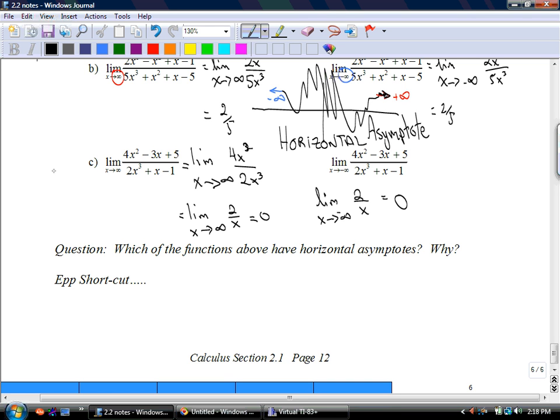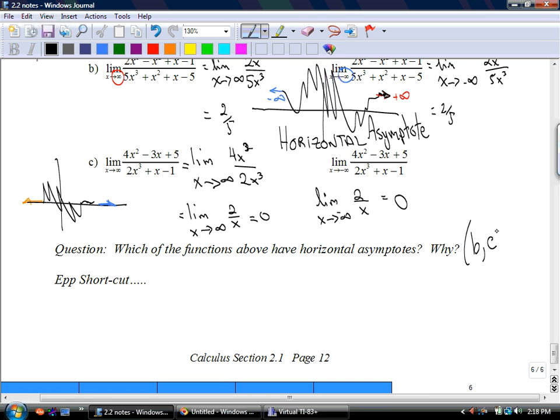So if we were to graph this, we know as we go out to the right, the graph's got to get really close to the x-axis, and as we go out to the left, the graph has to get really close to the x-axis. So what do we know about this graph then? There's horizontal asymptotes. So which of the functions have horizontal asymptotes?